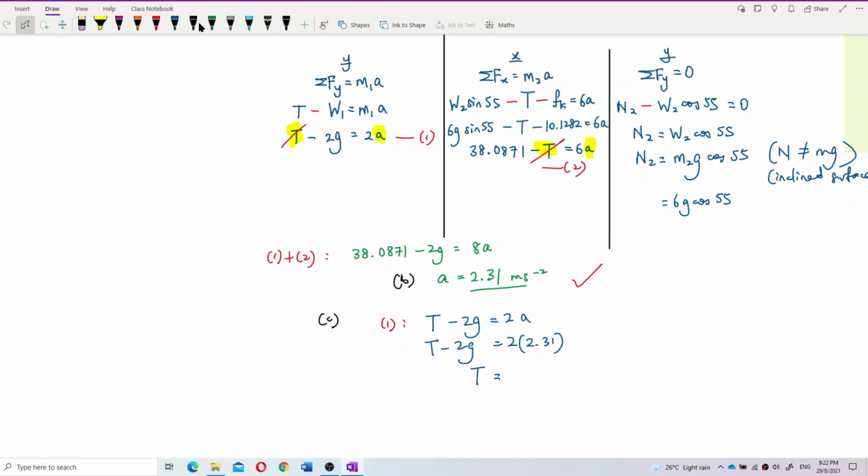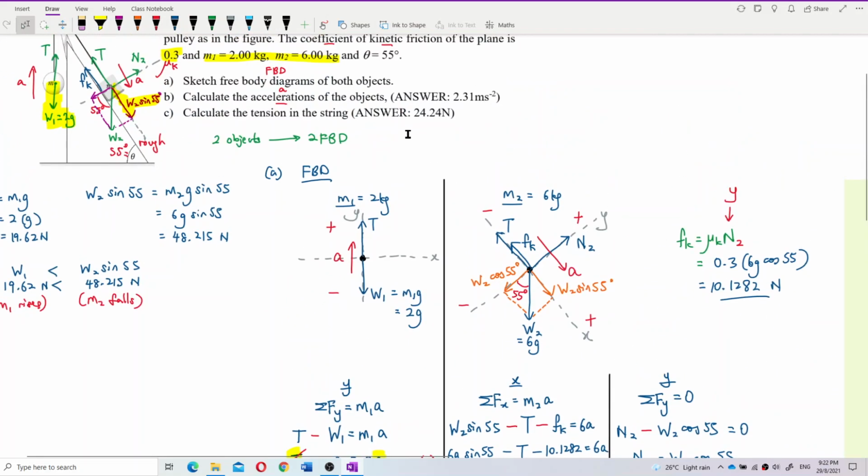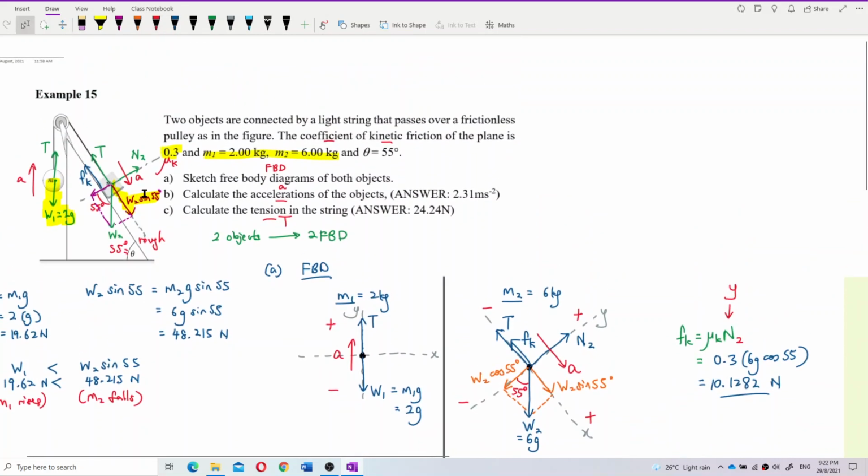I got the answer, tension is 24.24 Newton. Is that correct? Yes. 24.24 Newton, that's the tension in the string.